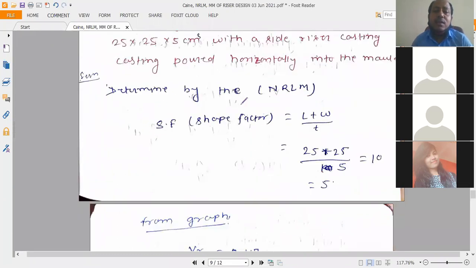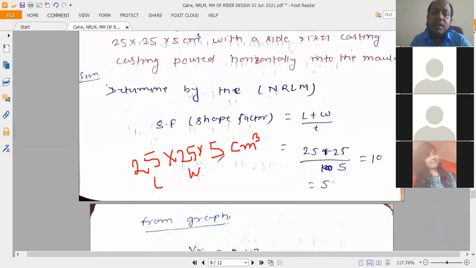So determine first the shape factor. The shape factor of the casting, how can we calculate it? So it is 25 into 25 into 5 centimeter cube. It is the dimension of the casting. So the length will be L, this length will be W, and this length will be the thickness, or we can say the height of the casting.